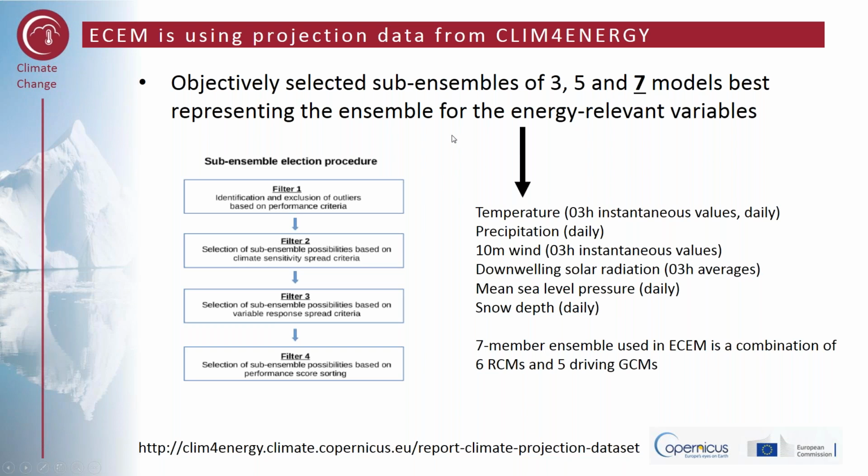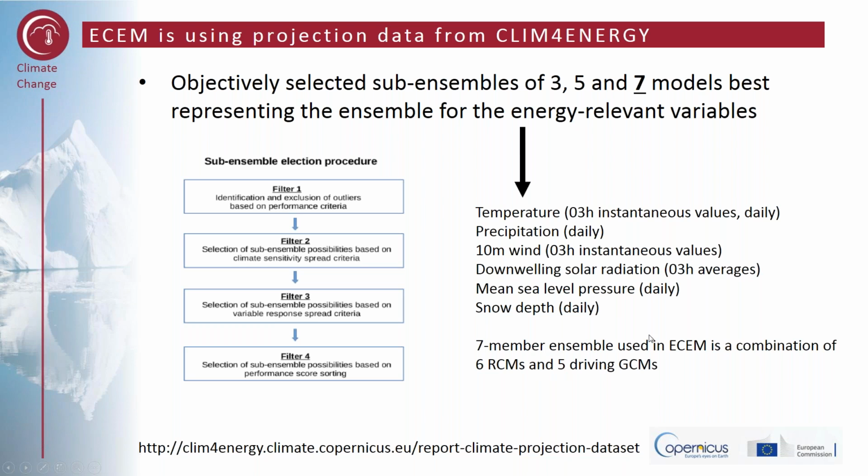The sub-ensemble was selected by considering how well the models are performing compared with observations, thinking about the sensitivity of the underlying global climate models, and thinking about the range of climate responses in the regional models, and combining all that information to select, for example, the 7-member ensemble.